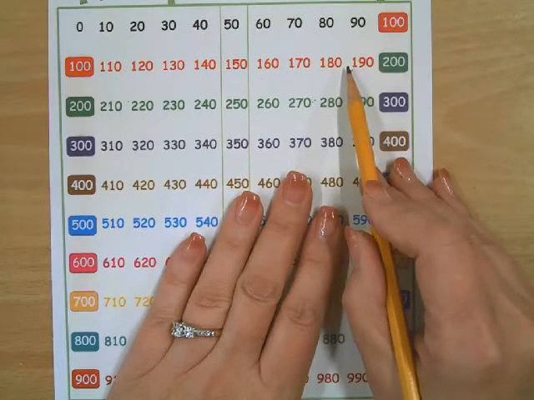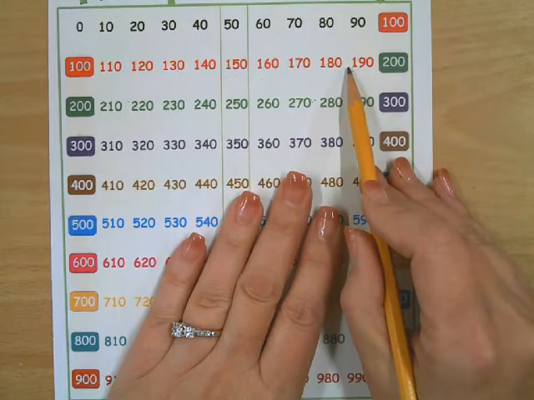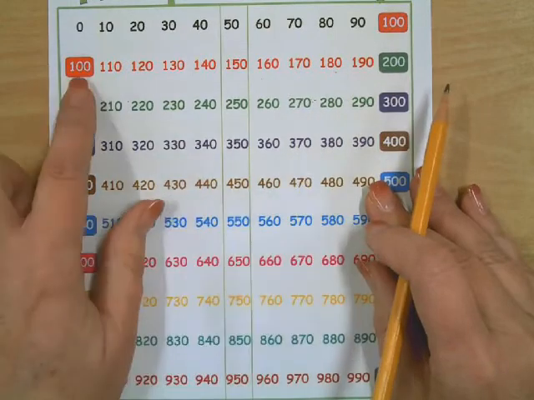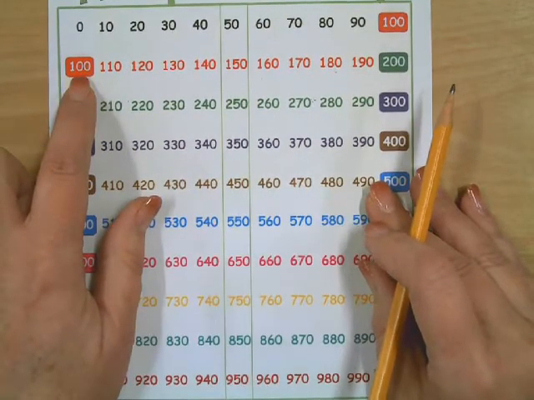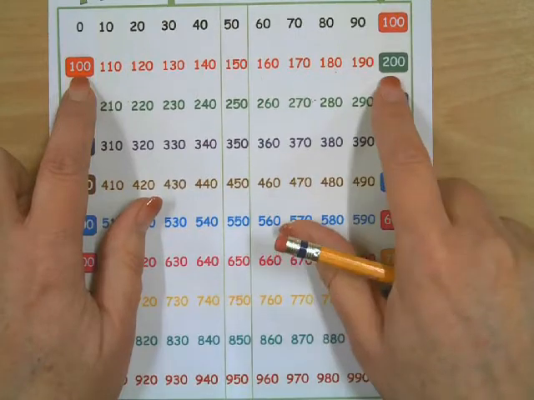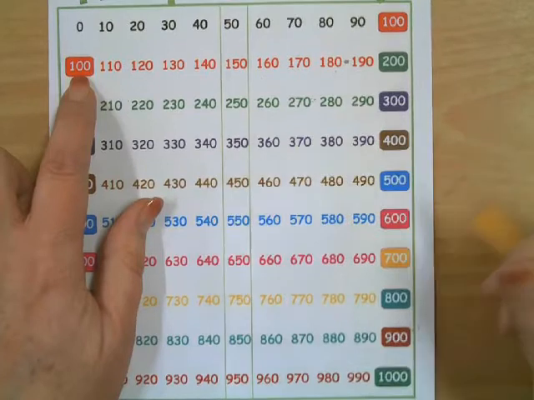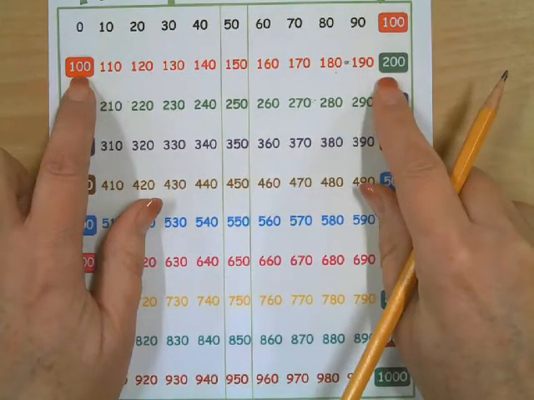All right, now we have to look at the tens place. Our tens place is 80, right? So are we going to round to this lower 100, which is 100, or are we going to go to the upper 100? Because this is where 185 is. Where are we going to round it to?